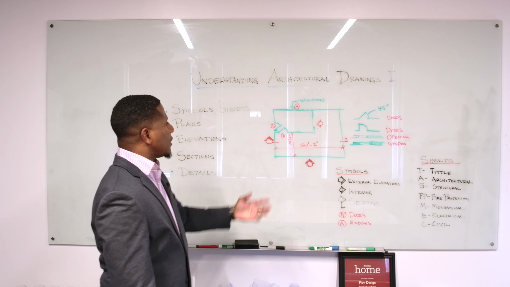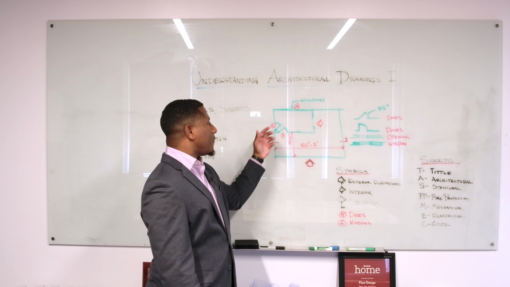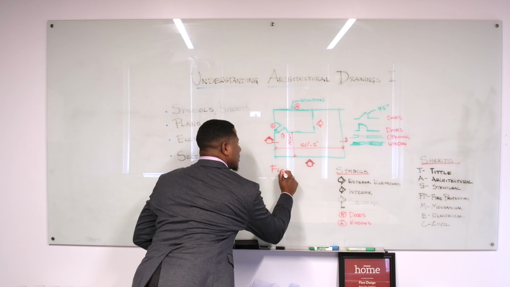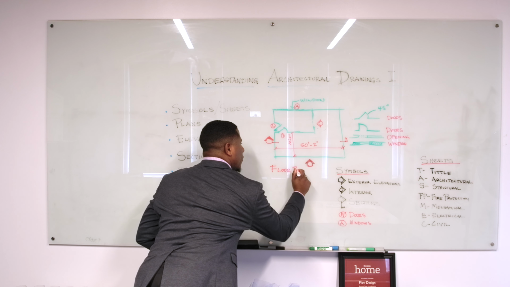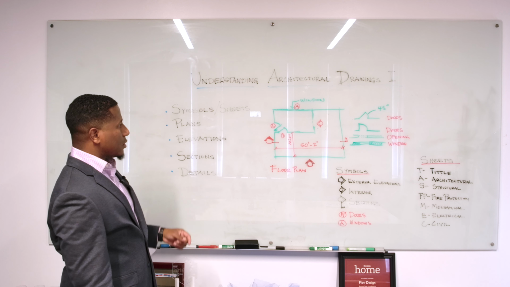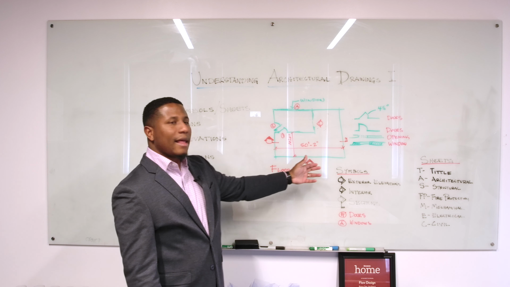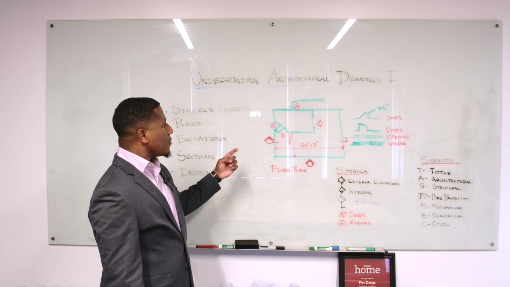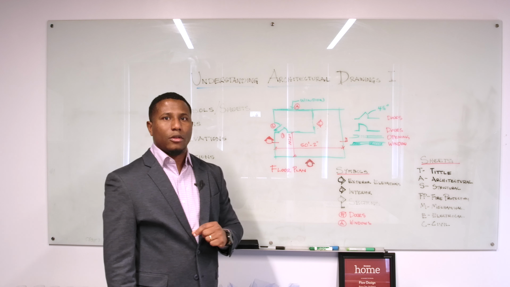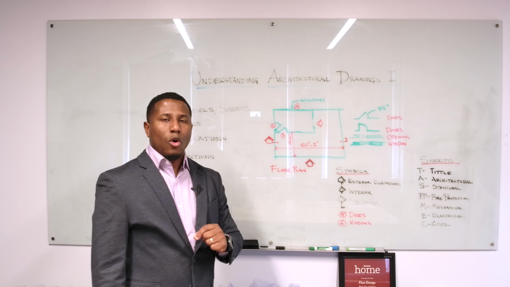So in other words, if we have a floor plan, which by the way this is a floor plan, we're going to discuss floor plans later on within the series. That's our second topic. In a floor plan, there are different symbols that I want you to pay attention to and understand.